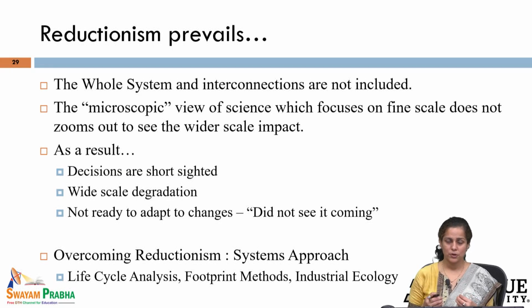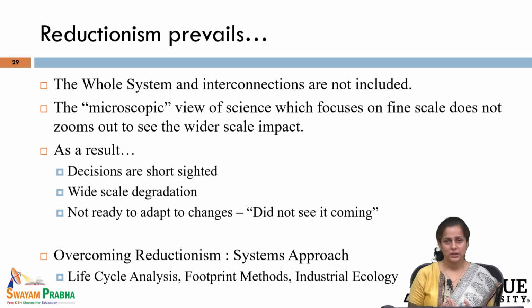The microscopic view of science, mostly looking at the very fundamental, is very important for making all the new innovations and new technologies. However, when they are put together, they behave differently.